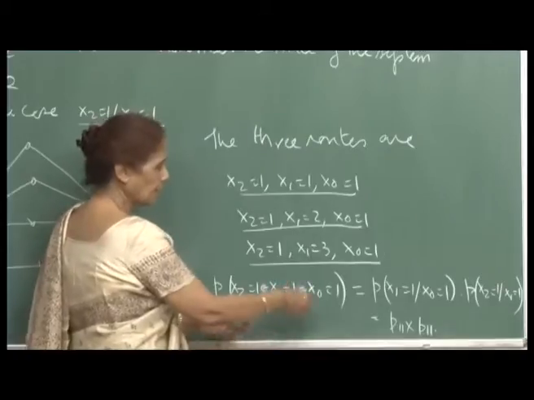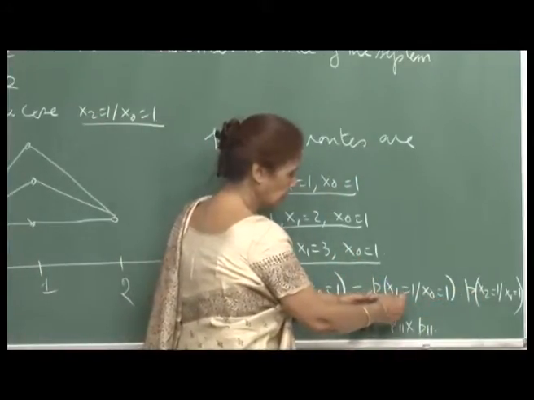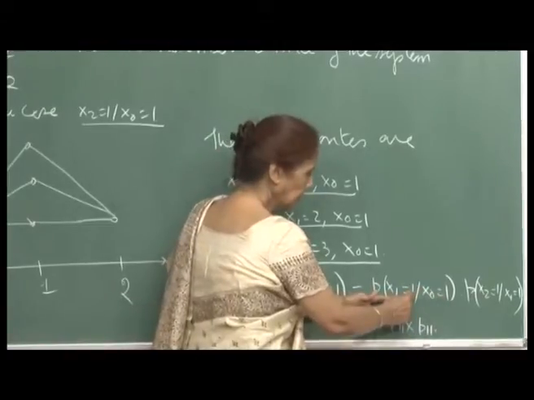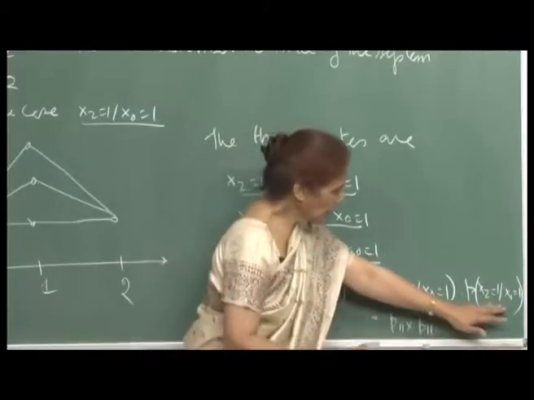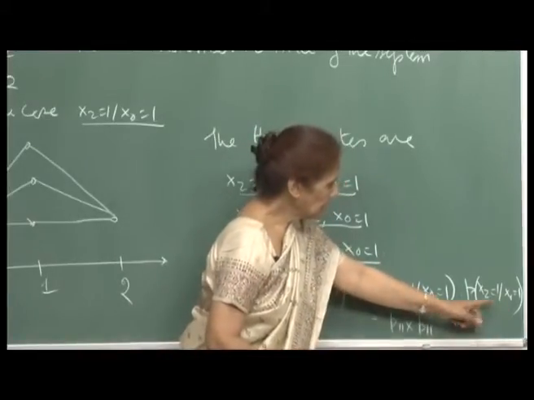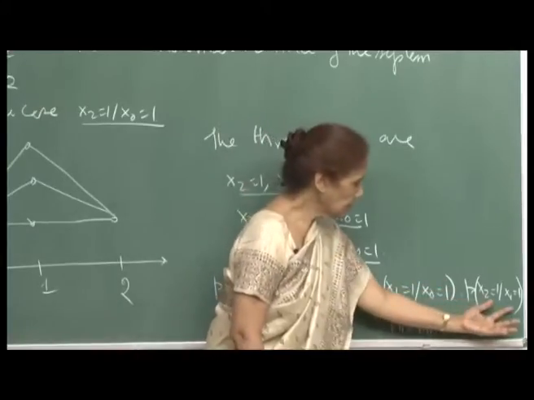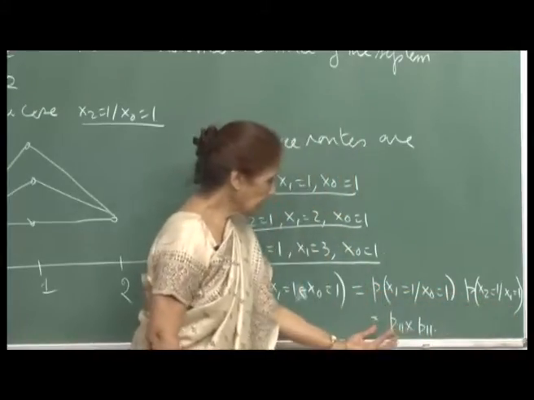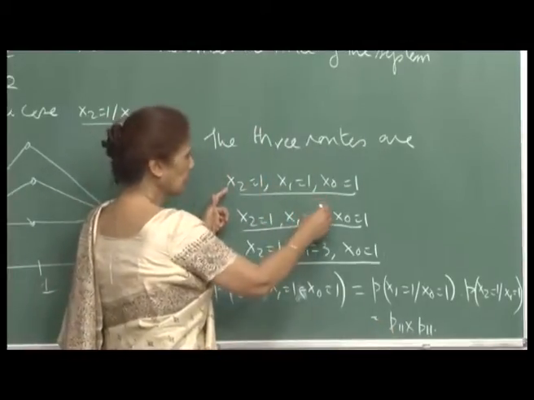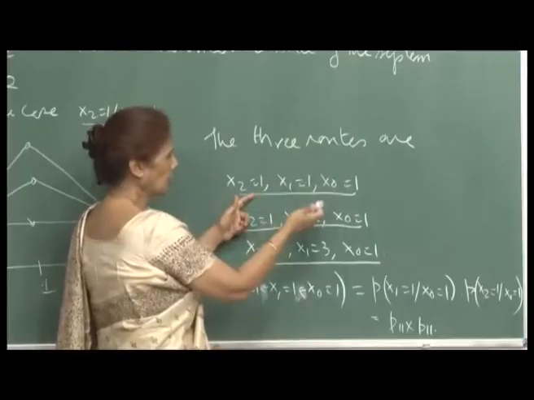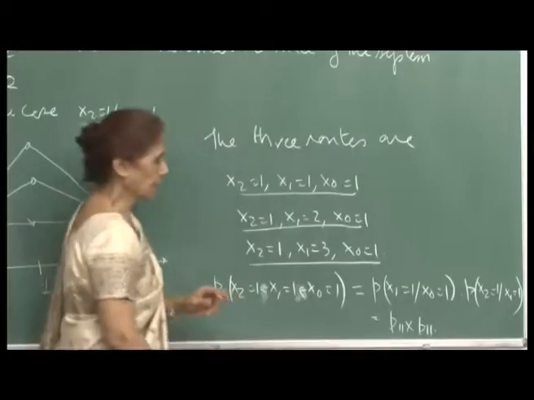So, these are independent, and therefore, I can write them as the product of the transition probability 1 to 1 in the first period, and then again 1 to 1. Here the second property that we have used is the stationarity. So, the Markovian property and stationary transition probabilities both tell us that the probability of the first path, that means transitioning from 1 to 1 in 2 periods along the first path, is p11 square.